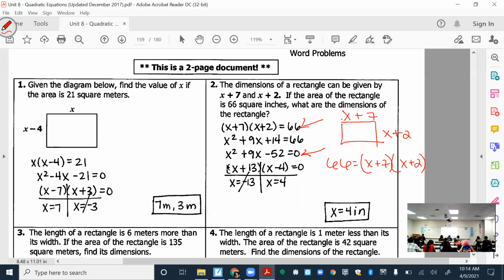Essentially, we get negative 13 and 4. So they did their diamond method: numbers that multiply to negative 52 and add to 9 are 13 and negative 4. Solve for their x's, and this is what they get. Why is the x equals negative 13 crossed out?